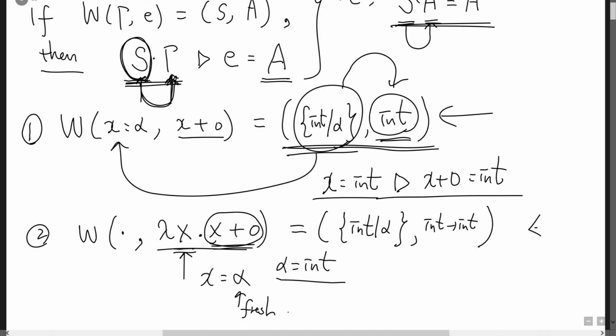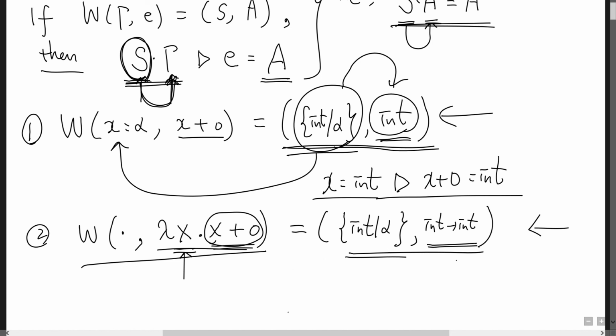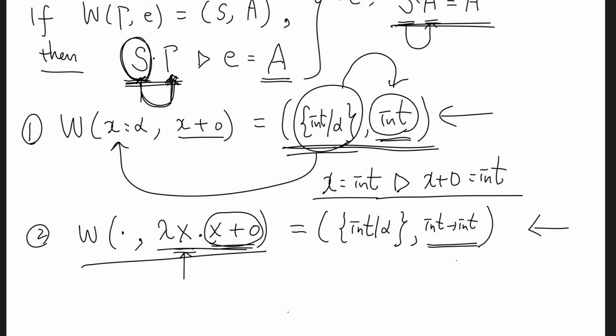This example might well look confusing, because if you look at the result, the final answer has no type variable, but the type substitution has this fresh type variable alpha, and in the beginning there was no type variable alpha. But this is fine, because this algorithm W collects all the type variables introduced during type checking.